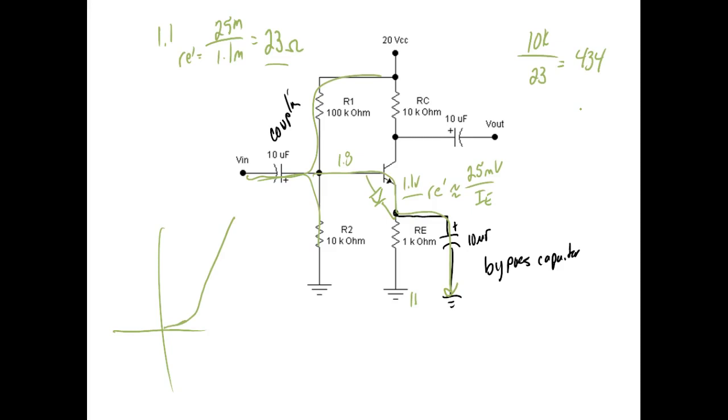That means my signal would have to provide a lot more current to get this gain. So anytime we bypass the emitter resistor, the input resistance goes down. If my input resistance goes down, then my signal source is going to have to provide more current to get this 434 gain, right? You understand?